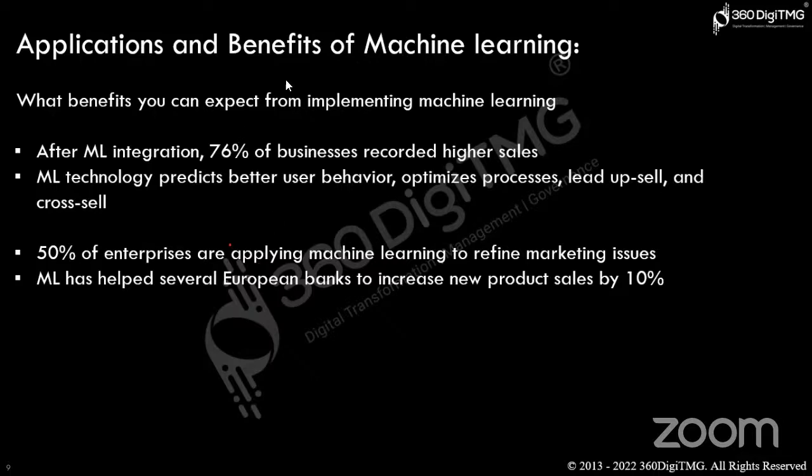What are the benefits you can expect from implementing machine learning? There are so many studies that reveal that after applying machine learning, or integrating the ML algorithm into their web-based platform, 76% of the businesses recorded higher sales.